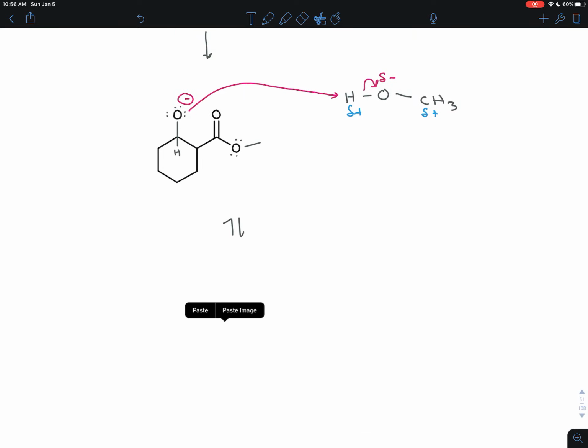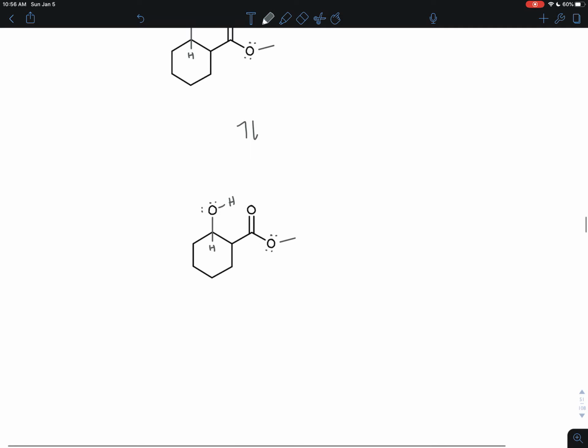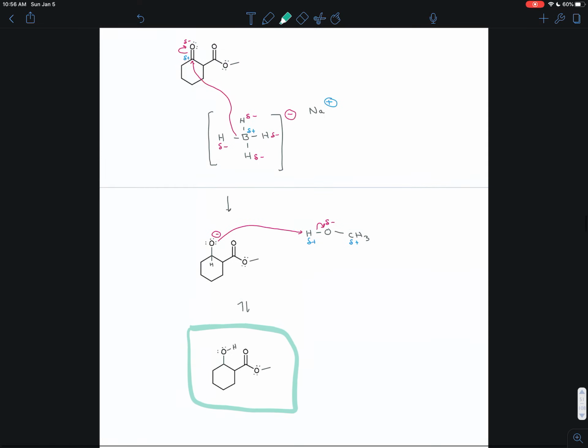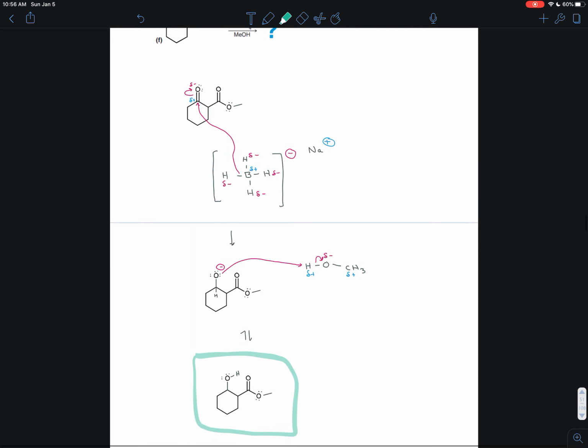And what you end up with after that step is your alcohol. I'm going to erase the hydrogen here because it's implied in the skeletal structure. And so this would be the correct product that you'd predict from this reaction.